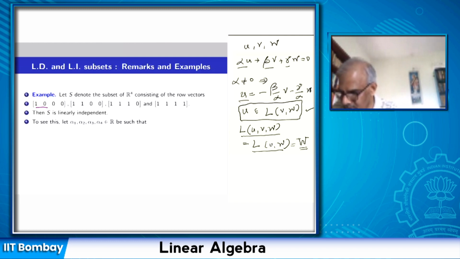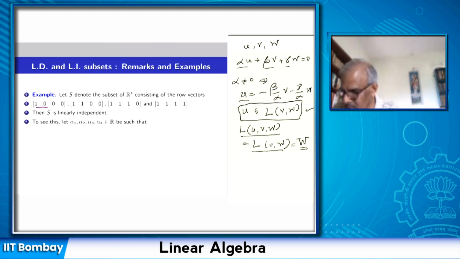Simplify this, and the sum must be 0. What is left is alpha 2 plus alpha 3 plus alpha 4.